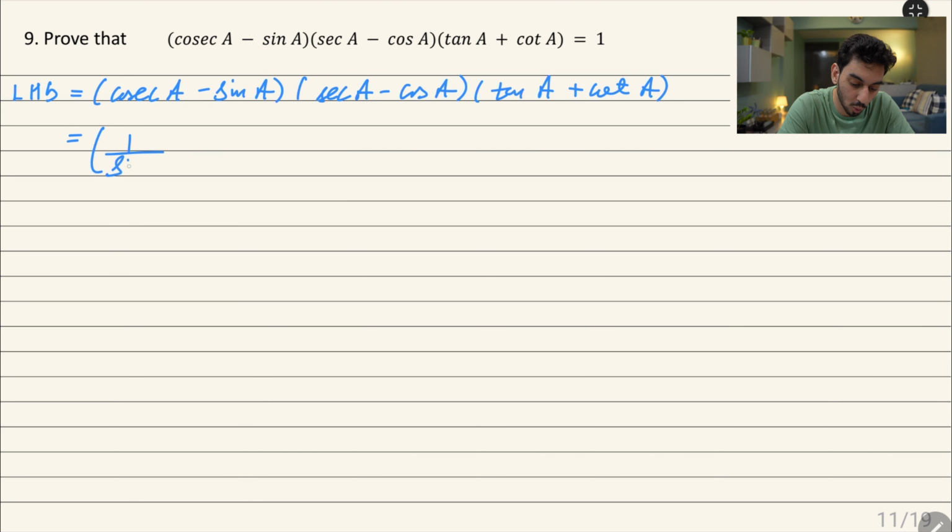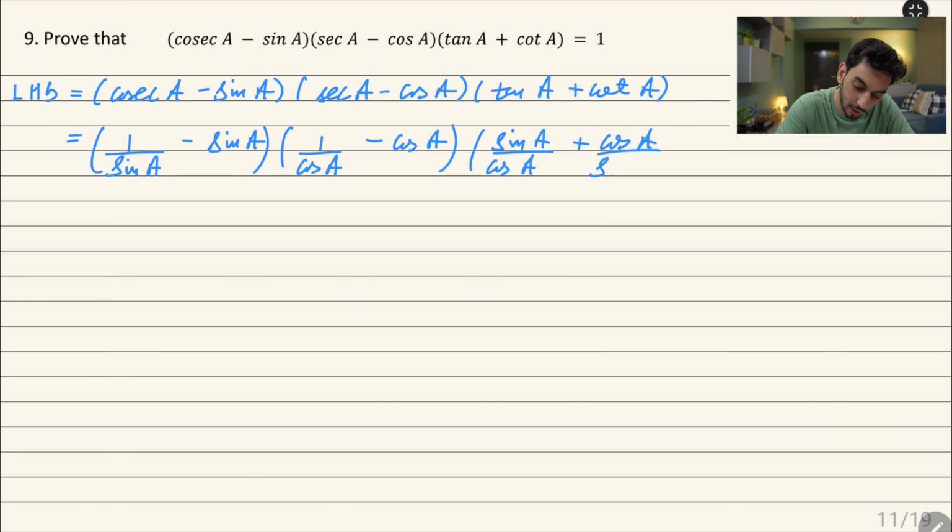So this becomes 1 upon sine A minus sine A. This becomes 1 upon cos A minus cos A. The tan A can be written as sine A upon cos A, plus the cot A can be written as cos A upon sine A. This sine A is actually sine A upon 1 and this cos A is actually cos A upon 1.